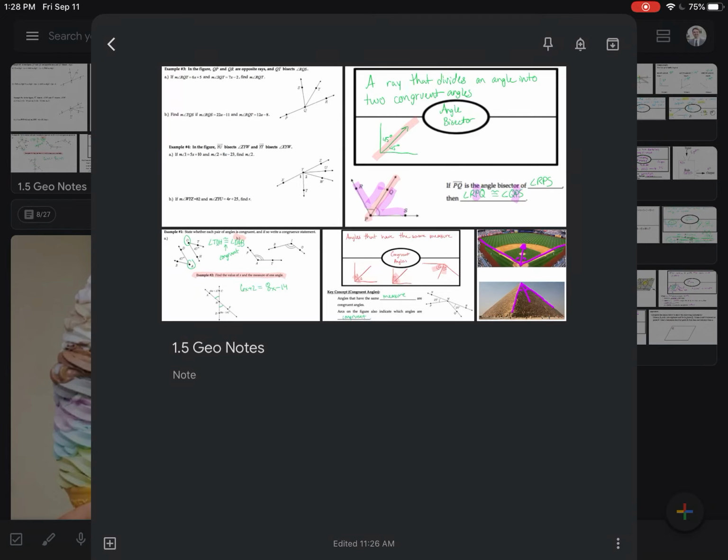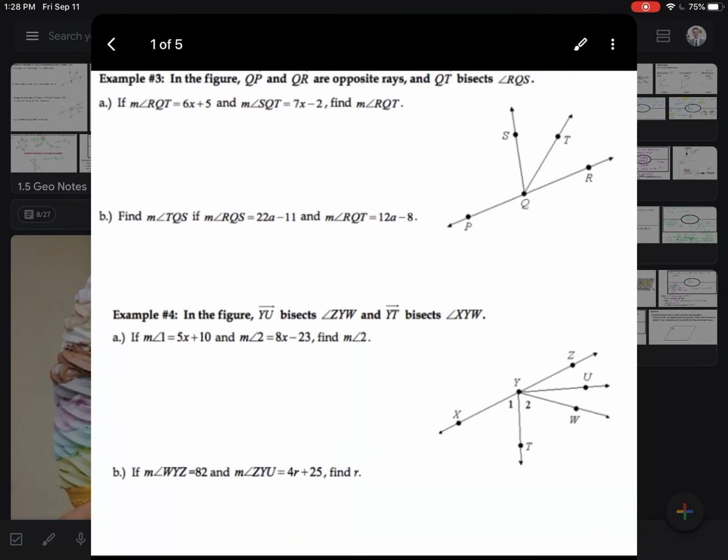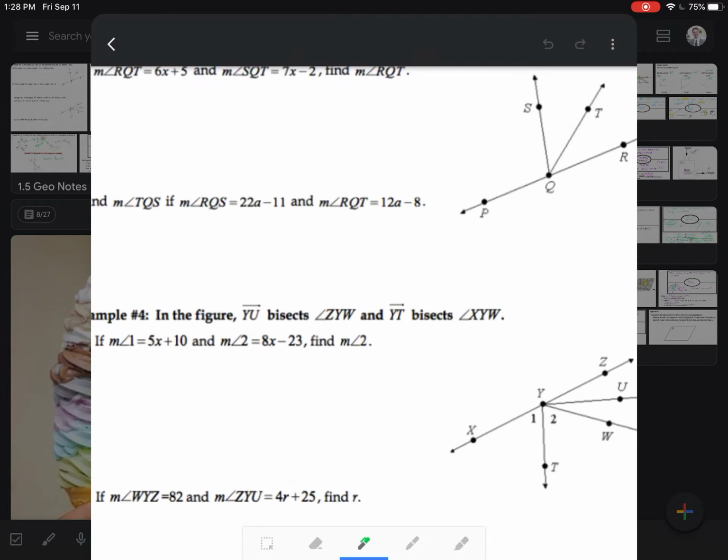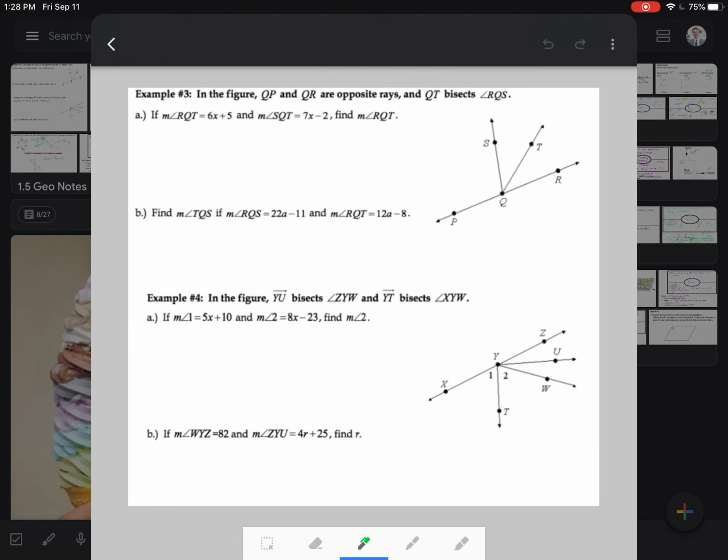All right, so some final example problems here. We'll go over the first of example 3, and that should hopefully get us set up for working through the remaining questions that we have in our notes here.